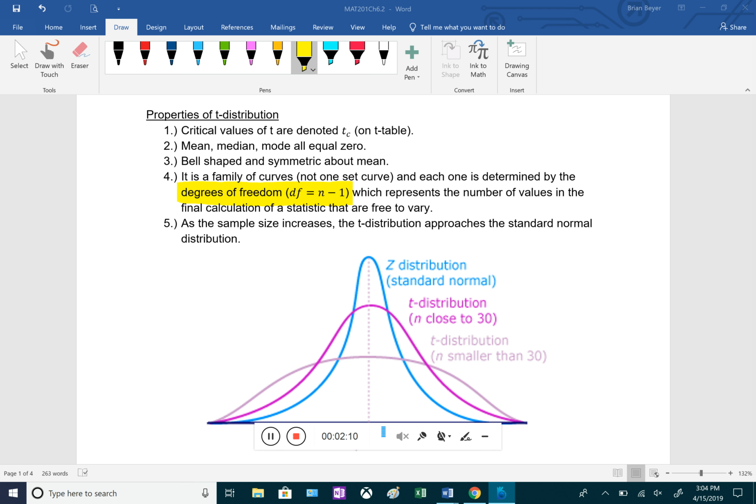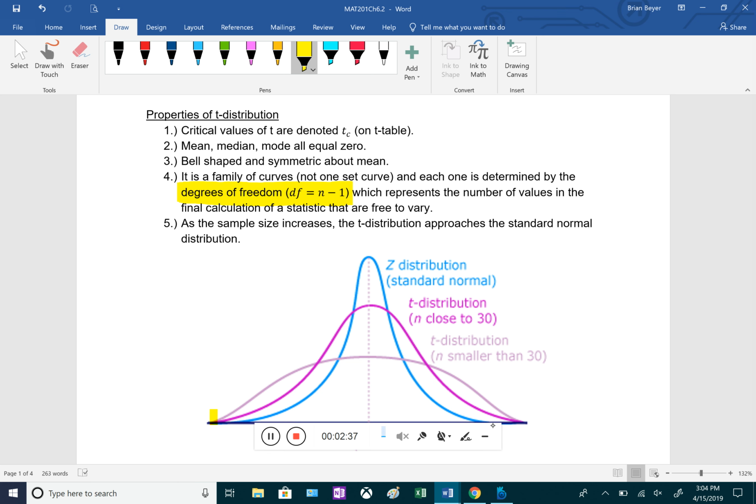And the idea here is that as the sample size increases, the t-distribution will get closer and closer to the standard normal distribution. So with this little representation down here, if this light blue curve represents the z-distribution, the standard normal distribution, these other two represent the t-distribution.